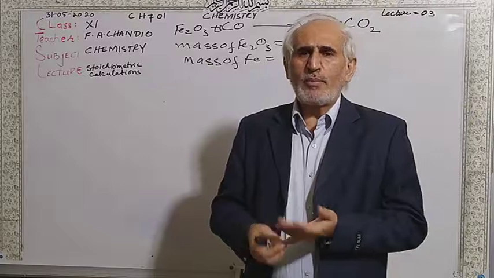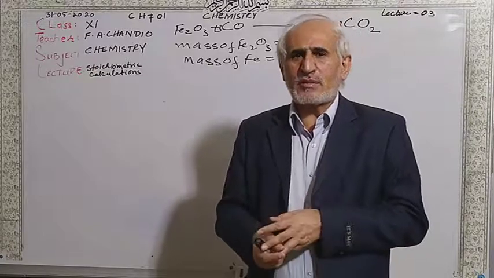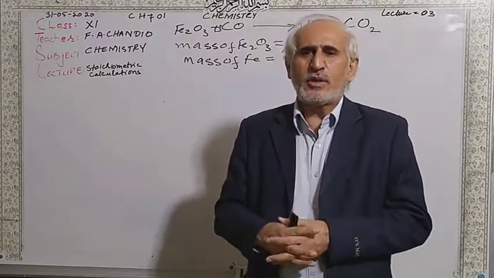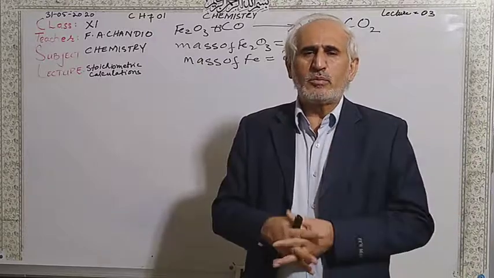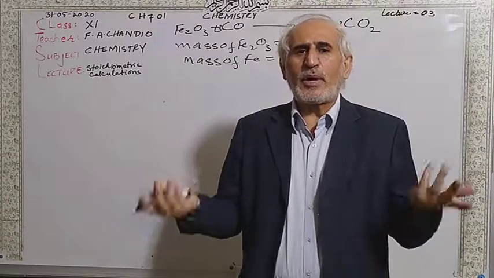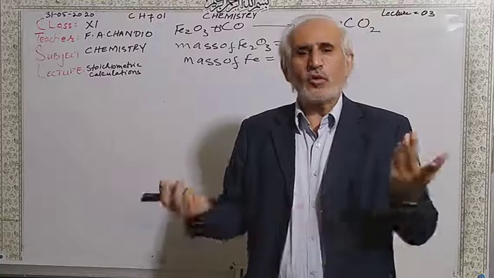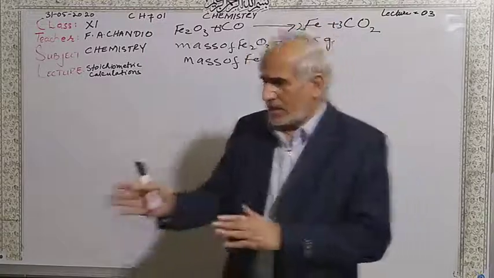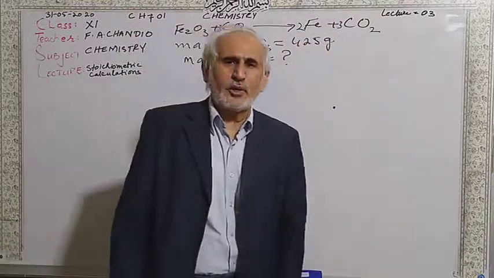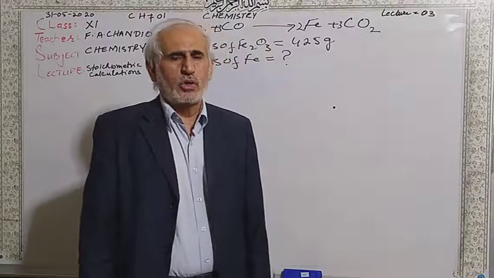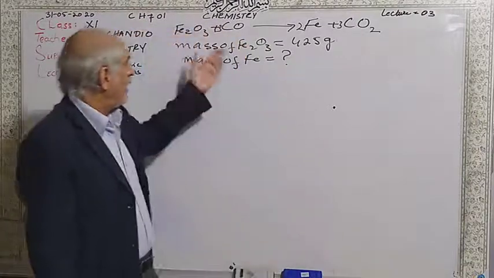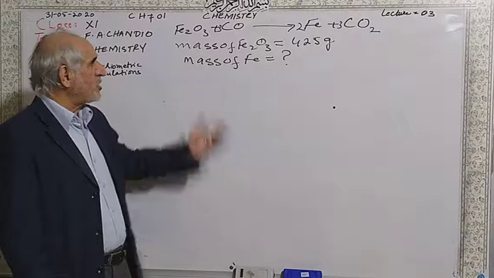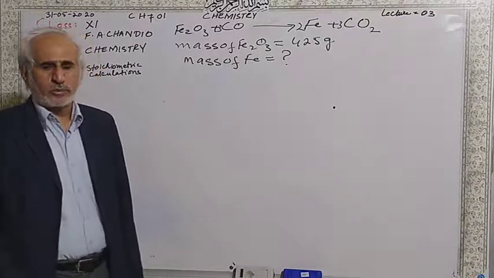You can use the mole to mass method, the mass to mass method, or the mass to mole method. You can even calculate volume. You can calculate the number of particles if you know the formulas. Because this book explains according to the number of moles, that's why I solved this numerical according to your book.